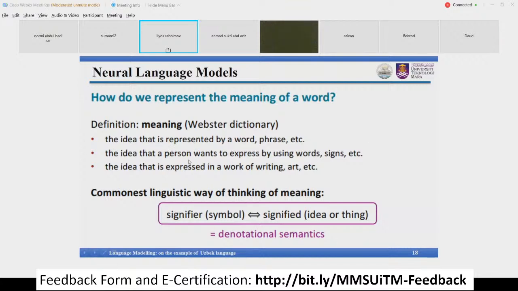This definition is obtained from the Webster Dictionary. The commonest linguistic way of thinking of meaning is the signifier, a symbol, and the signified, an idea or thing. This is called denotational semantics.